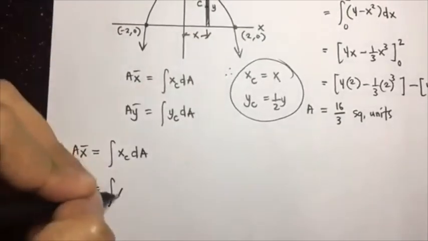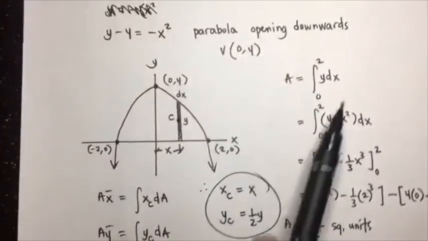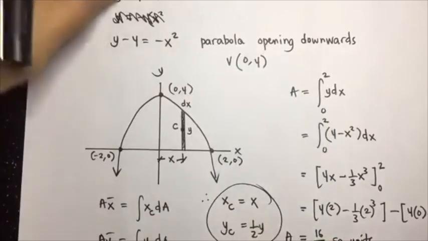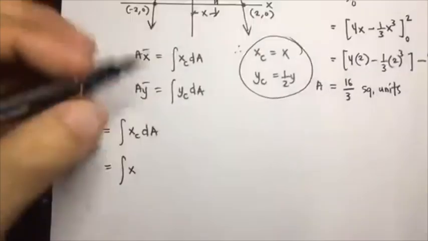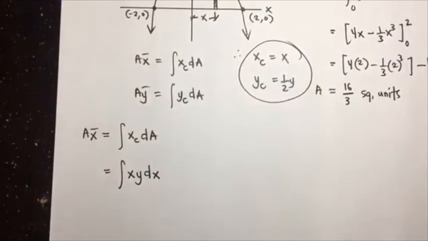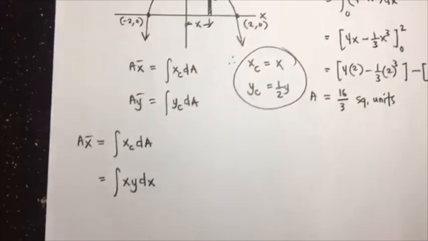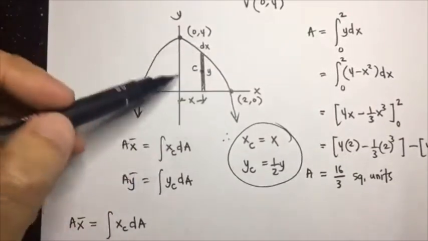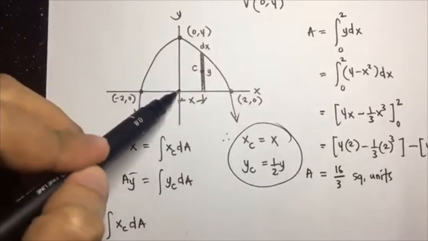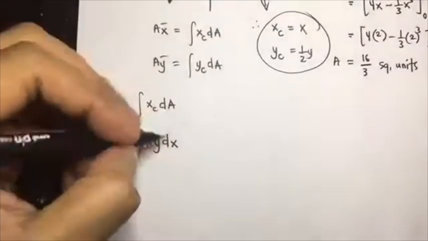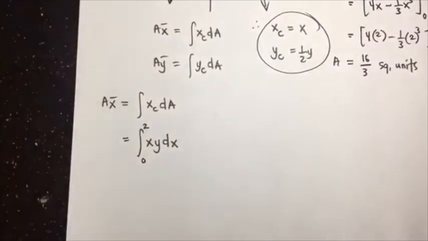And for the differential area, all we need to do is copy the differential area that we used earlier, which is y dx. Since we are concerned with the area in the first quadrant, it is from x is equal to 0 to x is equal to 2.